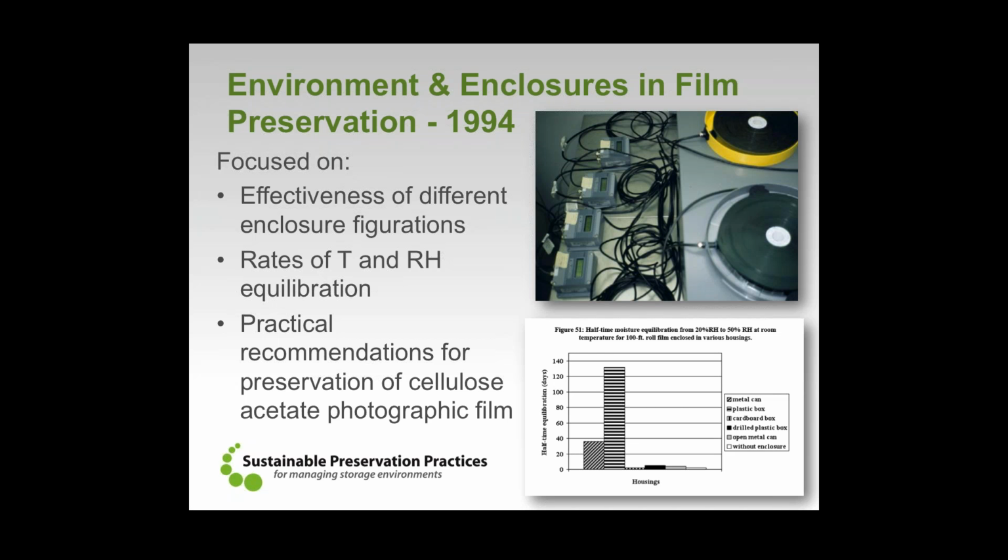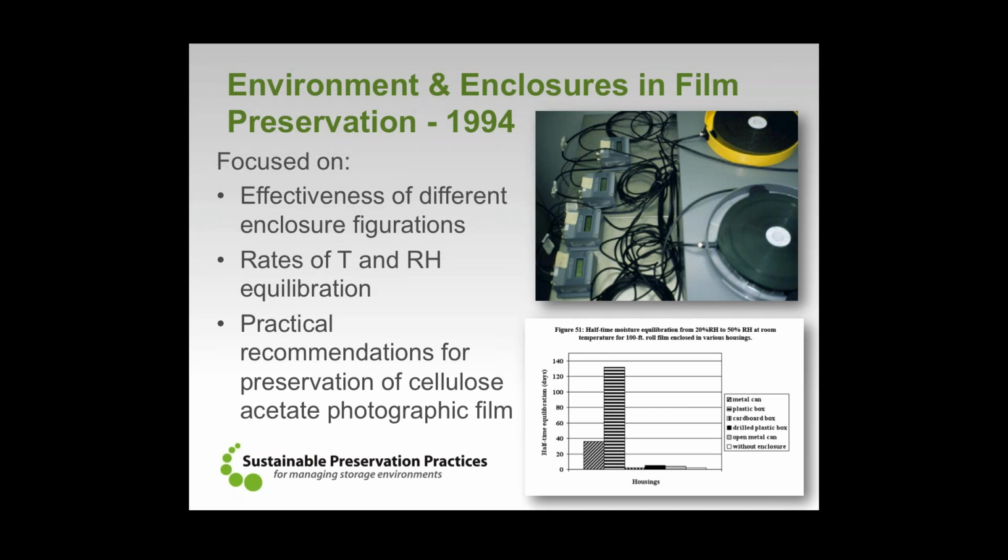And the fascinating thing here, maybe not that we expected anything different, is that a lot of the findings came down to the fact that temperature equilibration for any type of housing, for any type of enclosure, was relatively fast. This is where we first started to find that temperature equilibration happened largely within a number of hours.